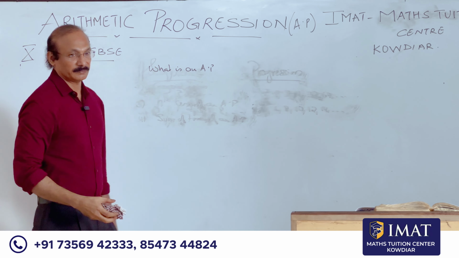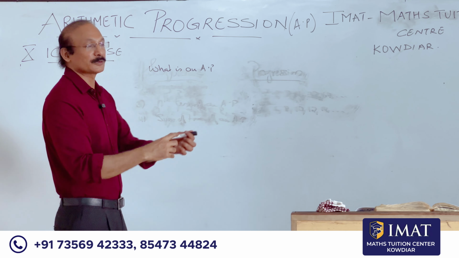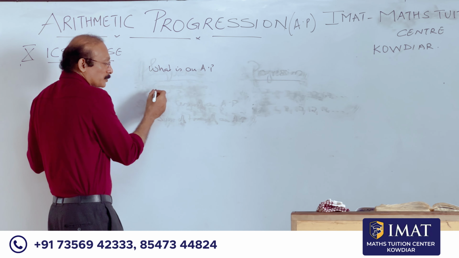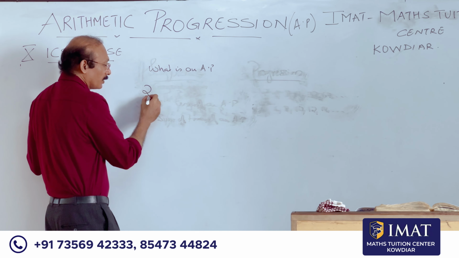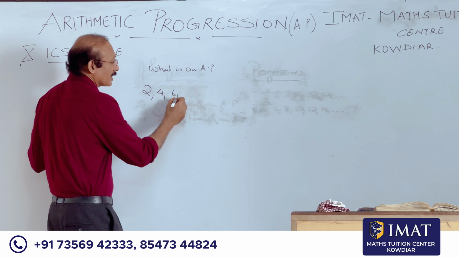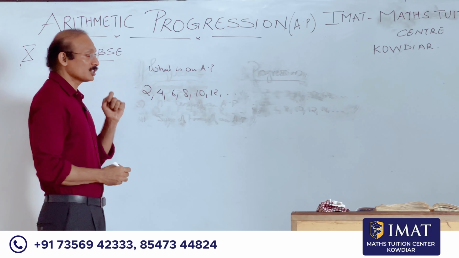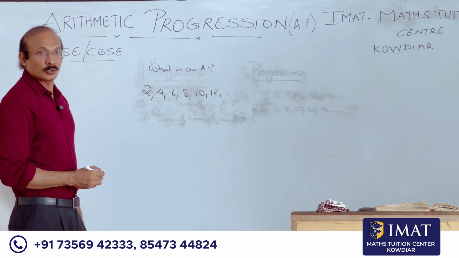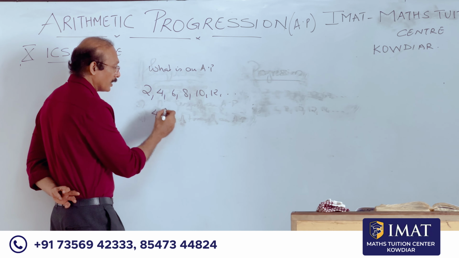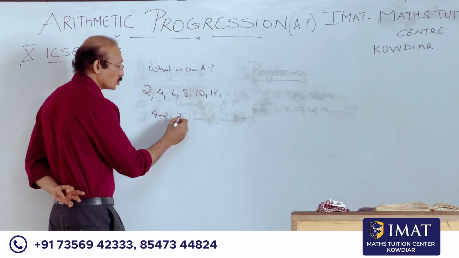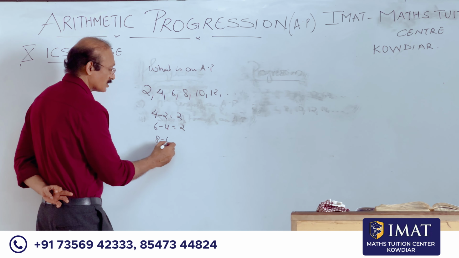I'm going to give you an example that follows an arithmetic progression, and then I'll explain what this specialty is. Say for example, I took one example before. I'm taking the same example here: 2, 4, 6, 8, 10, 12, etc. You see this progression. Here what you see is the difference of 4 and 2. The difference of 4 and 2 is 2. The difference of 6 and 4 is 2. The difference of 8 and 6 is 2.